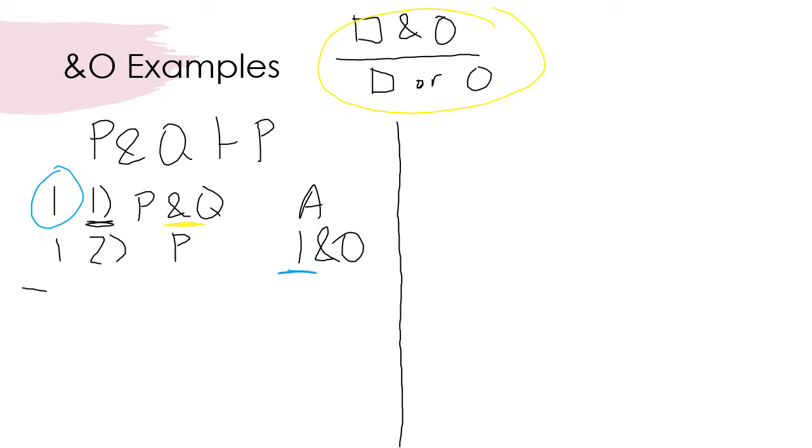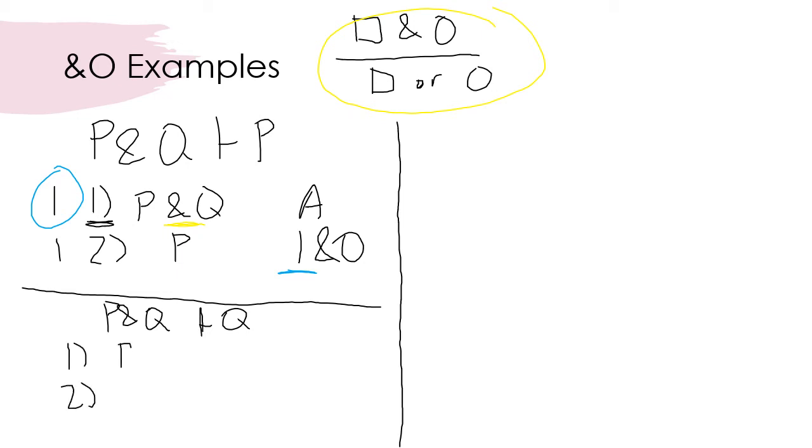If we were to do P and Q, therefore Q, it's the same exact proof. Start with P and Q. Assumption 1. We'll derive Q instead of P here by doing 1 ampersand out. Same thing as before. So with the ampersand, you get to pick which side you want to take out. Either left side, right side, it doesn't matter.